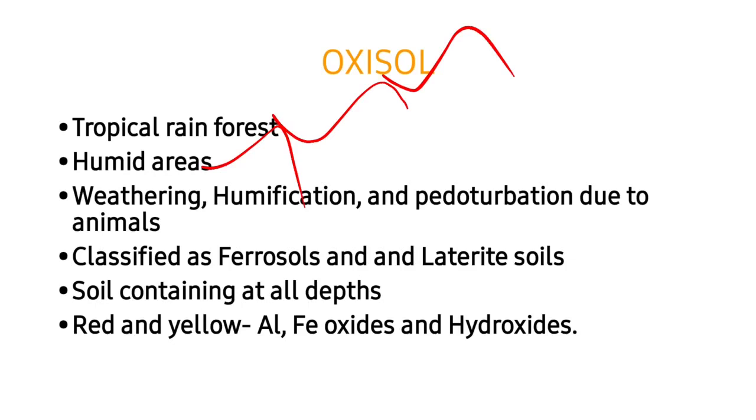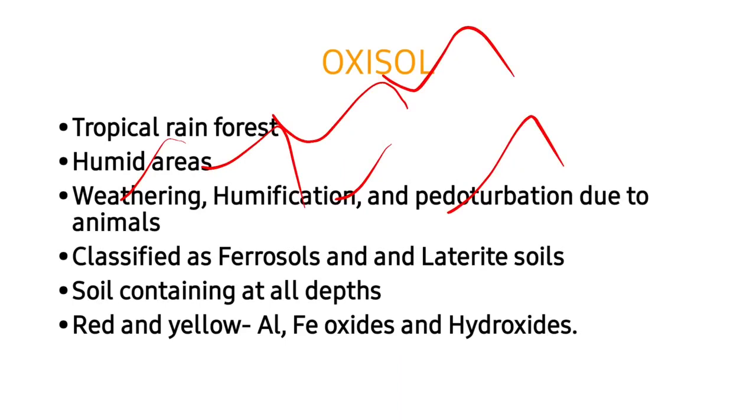And coming to your Oxisol, the soils are formed by the process of weathering, humification, and pedoturbation due to animals. Remember, pedoturbation due to animals, the soil formation is important in terms of this Oxisol order.